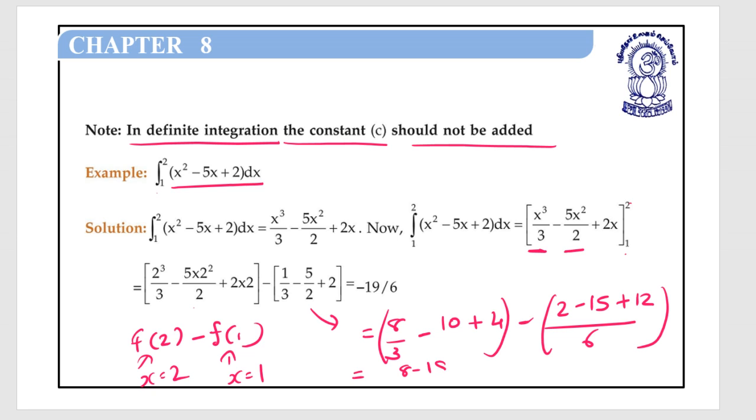So 8 minus 18 by 3 minus 12 plus 2, 14 minus 15 minus 1 by 6. 8 minus 18 is minus 10 by 3, minus 10 by 3 plus 1 by 6. 3 2s are 6, 10 2s are 20, minus 20 plus 1 upon 6. So you will get minus 19 by 6.